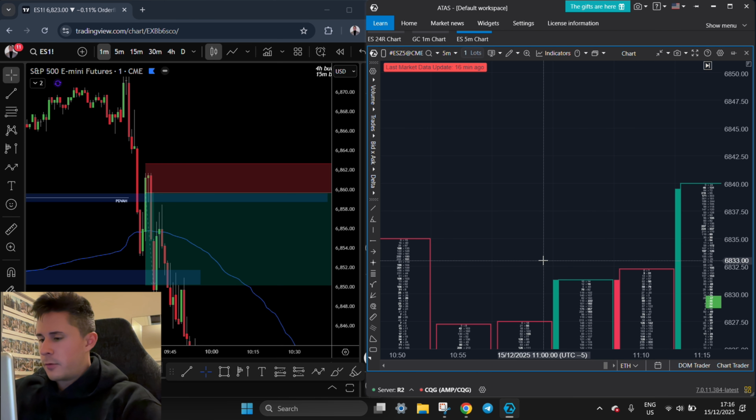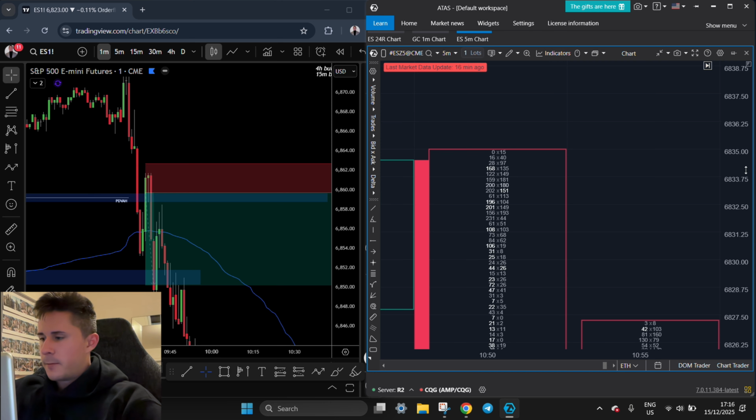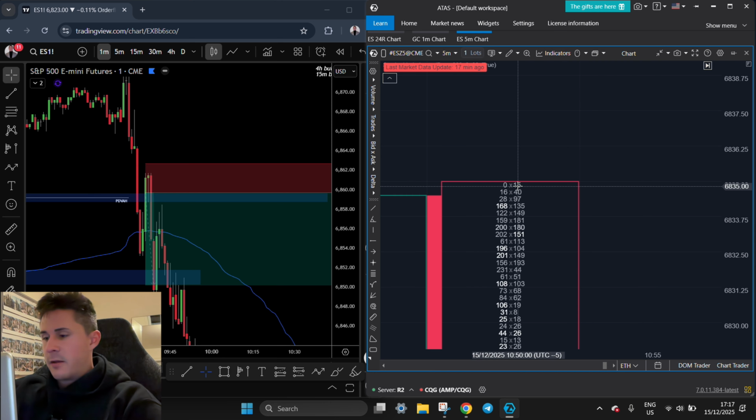I'll show one for you right now. What happens is on my chart, it does this number, the ask side minus the bid side, the aggressive buying minus the aggressive selling. Okay, so here would be 15, here would be 24, here would be 59, I believe.